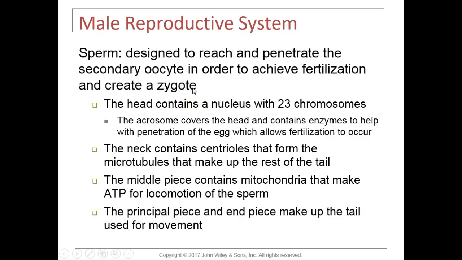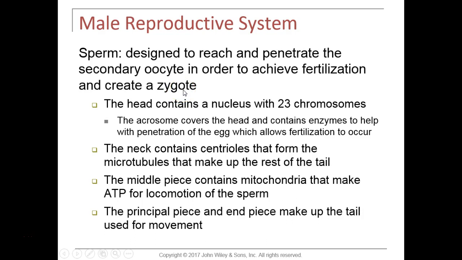Now, we'll talk about the eggs in a minute, but the egg cell and the sperm cell are haploid. They each have 23 chromosomes, so that when the sperm cell and the egg cell join together, it forms this zygote, which is diploid. So it contains 23 chromosomes from the egg, which comes from the mom, and then 23 from the sperm cell, which comes from the dad.